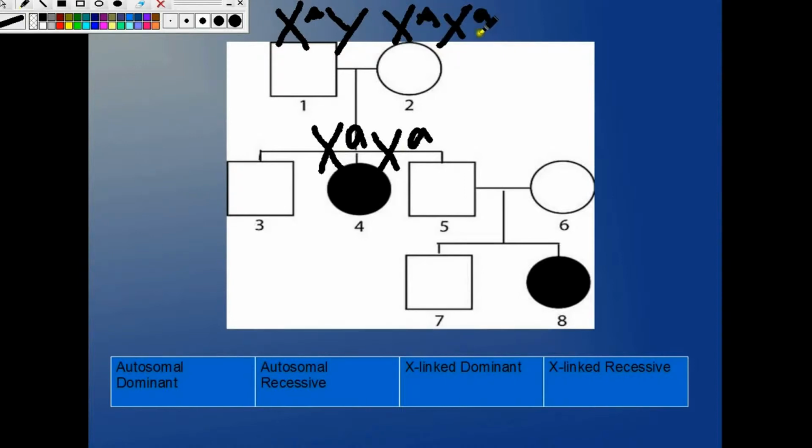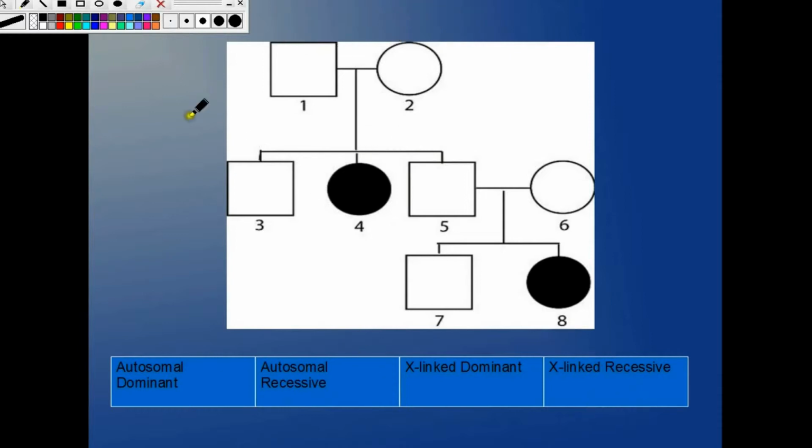Even if she was heterozygous, we would get one recessive allele, but we don't know where the other one would come from because this is a Y. The father is going to pass on a dominant allele, so there's nowhere for that second recessive allele to come from. So this also can't be X-linked recessive. The only answer that was right is autosomal recessive. So that should be good.